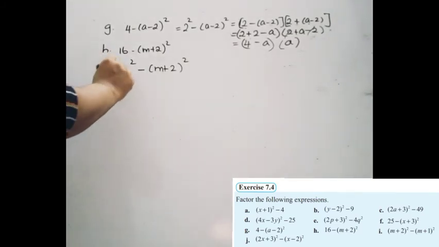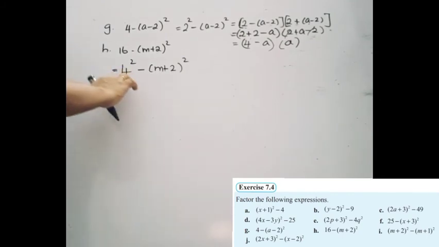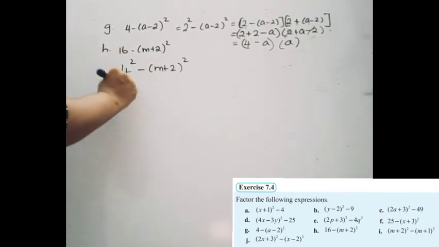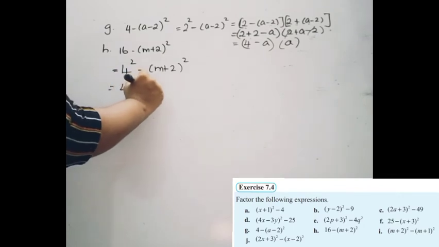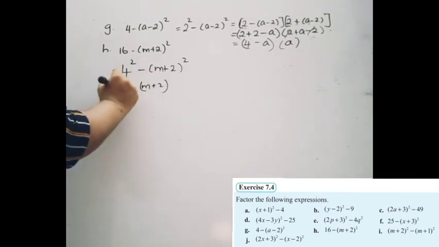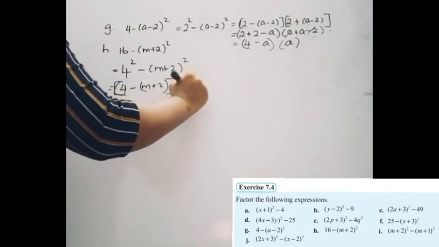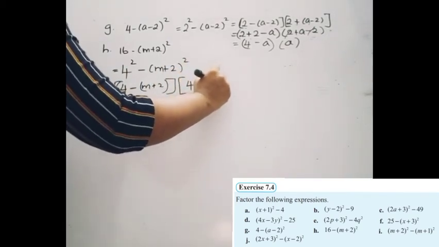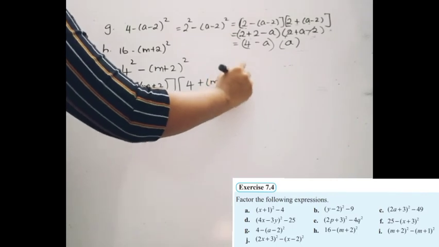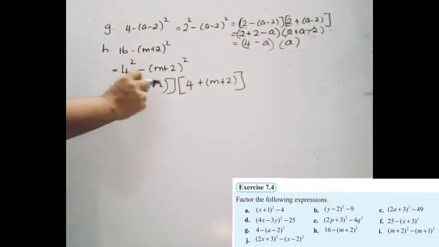So now let's factorize it because it has the format of difference of two square values. So write it as a difference first and let's add those two terms next. So 4 plus m plus 2. Right, so here also you can simplify these numbers.